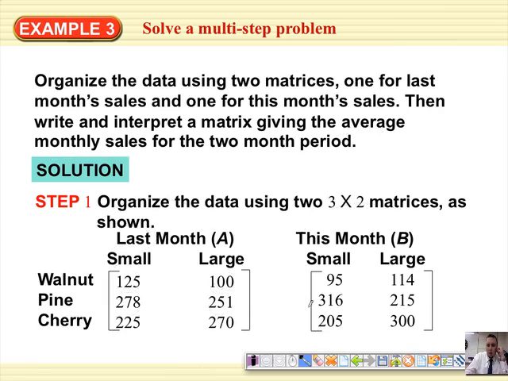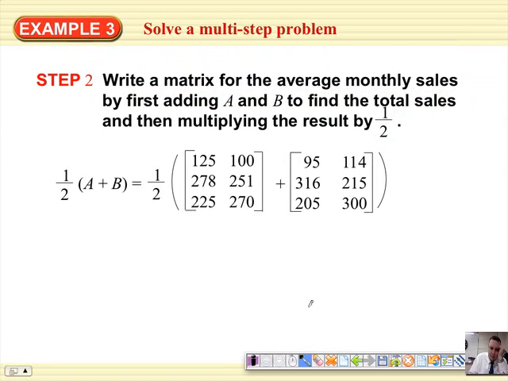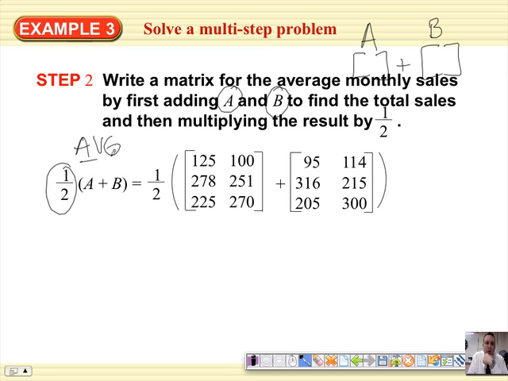So we're really going to multiply by half. Here's how we denote matrices. Matrix A, use capital letters. Matrix A plus matrix, this matrix we'll call B. So we use big letters, capital letters for that. So 1/2 of A plus B gives us our average of everything.